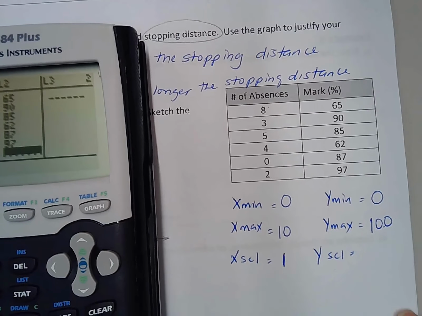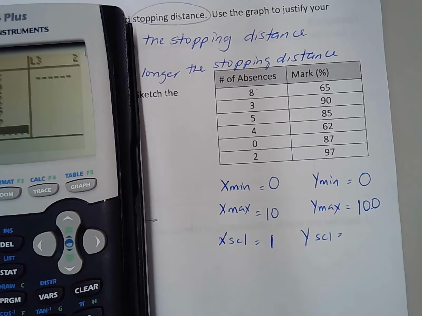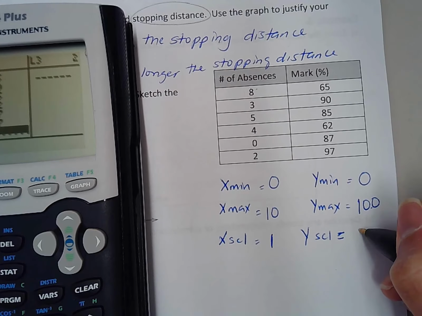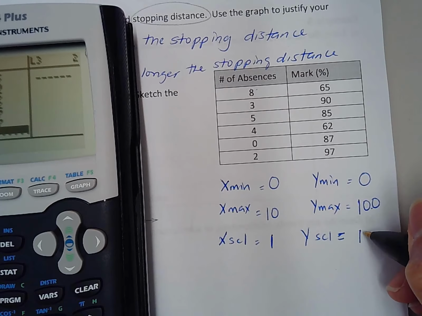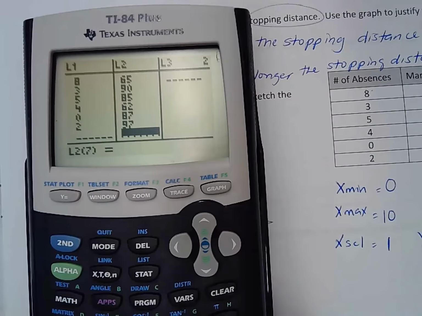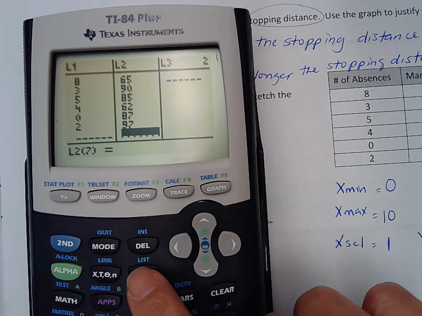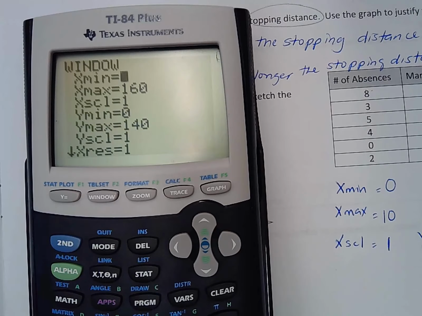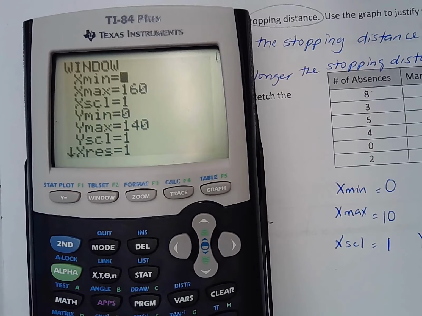What's your Y scale? Maybe 5. We can put 5. Any other possibility? Could be 10. So let's go scale. Change your window so that you can see the whole thing.